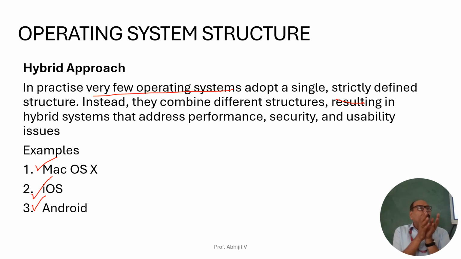In practice, most operating systems use different features. One may be layered, some part may be microkernel, and some have the entire things done in one particular place. The hybrid approach is what most operating systems work on.